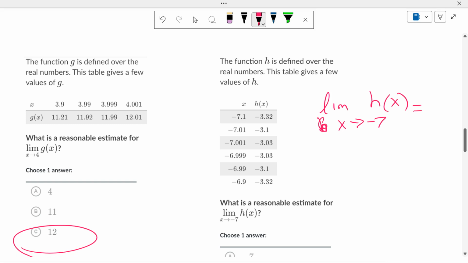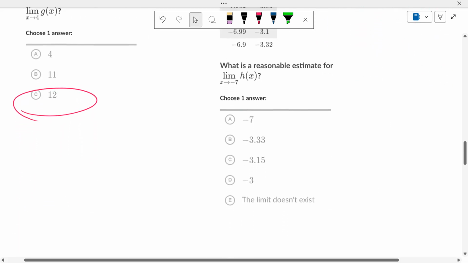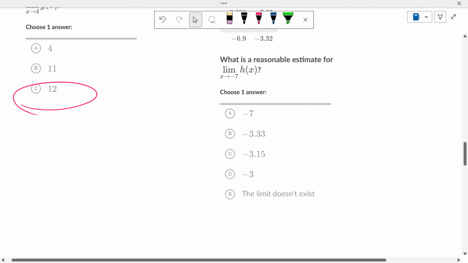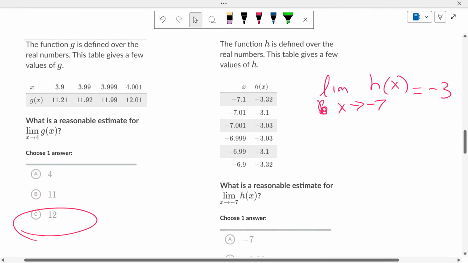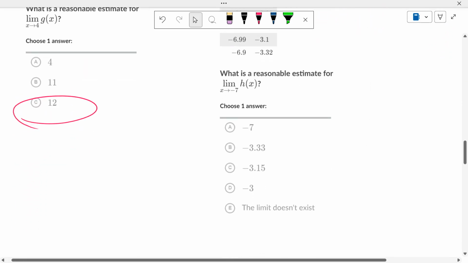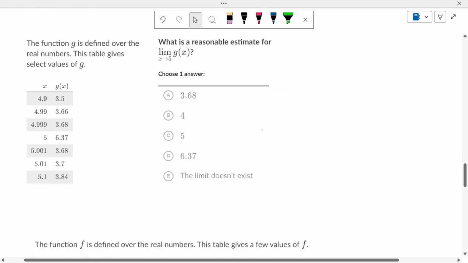It looks to be approaching what? -3. Now, does it always have to be a whole number? No, but it looks to be approaching -3. Oh, sorry. I guess the answer was down there.